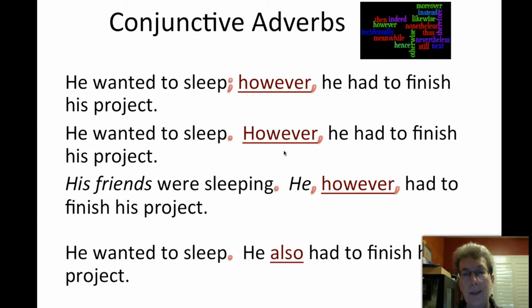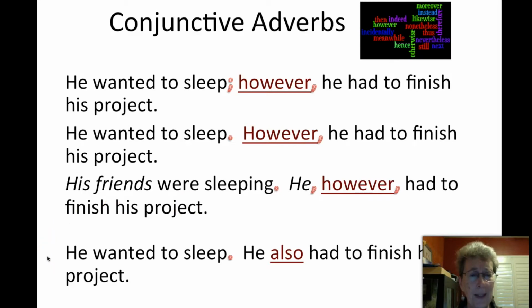However, comma, he had to finish his project. Now there's another way to do it, and this is a really sophisticated way to do it. His friends were sleeping, period. He, comma, however, comma, had to finish his project. Now what are we doing here? This time, however, is not so much contrasting his desire to sleep and having to finish the project. It's contrasting his friends and he.